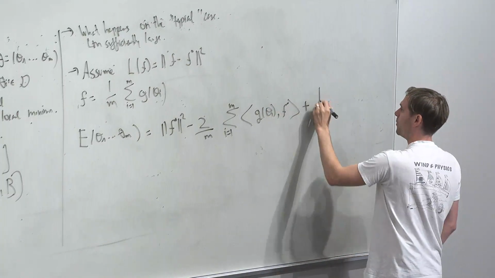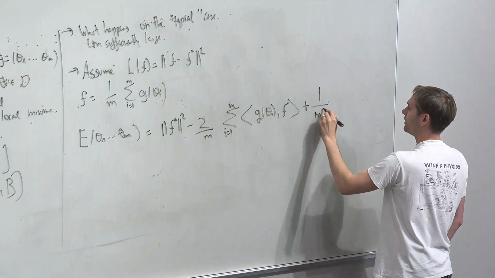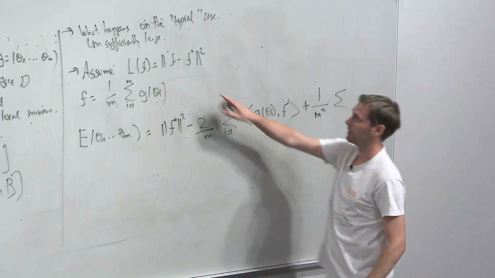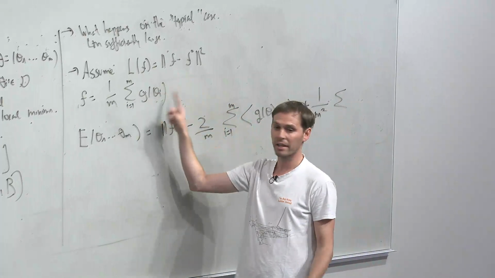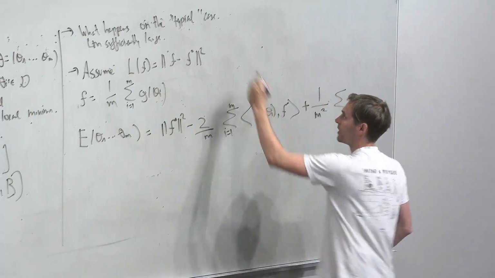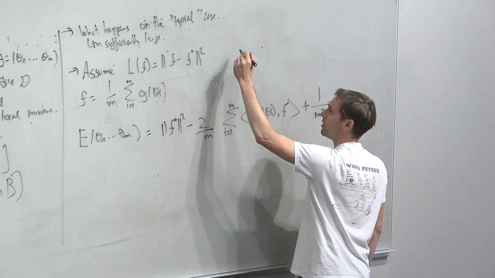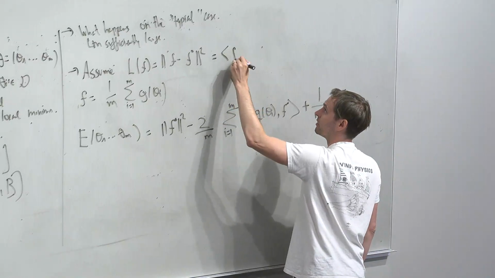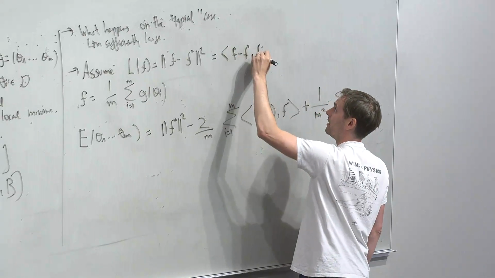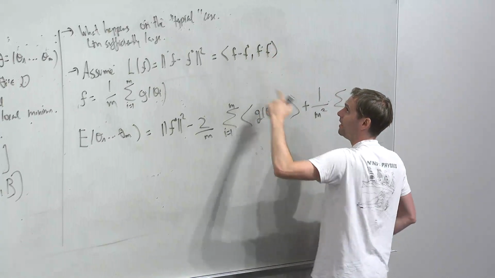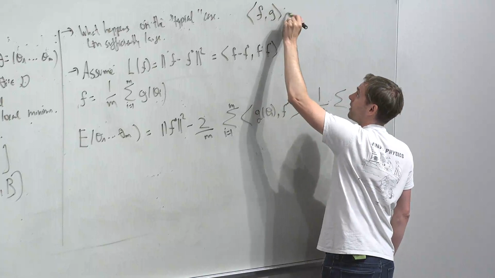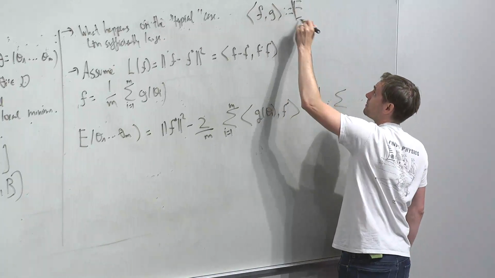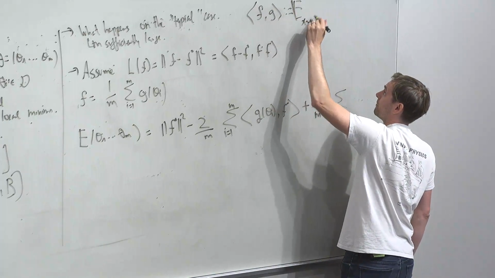plus 1 over m squared, the cross product. It's like the norm of f, and because f is the sum of terms, I can develop it. Back here, I'm assuming this is the same as the dot product between f minus f star and f minus f star. And remember, we are using the same convention as this morning: the dot product is the expectation with respect to some data distribution.